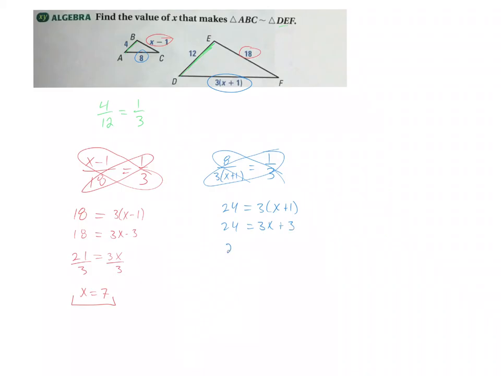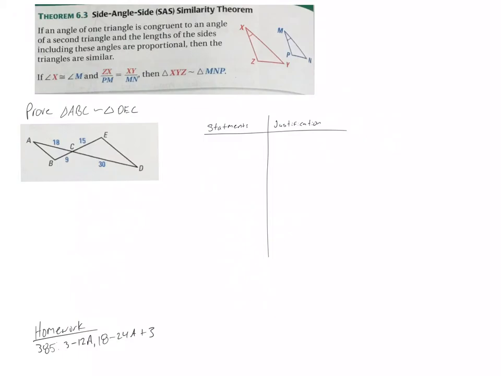Subtracting 3 from both sides, I get 21 is equal to 3x. Dividing by 3, I get x is equal to 7. So yes, indeed, I get the same answer for both of them, so then my x would need to equal to 7, because it made both of those work out.